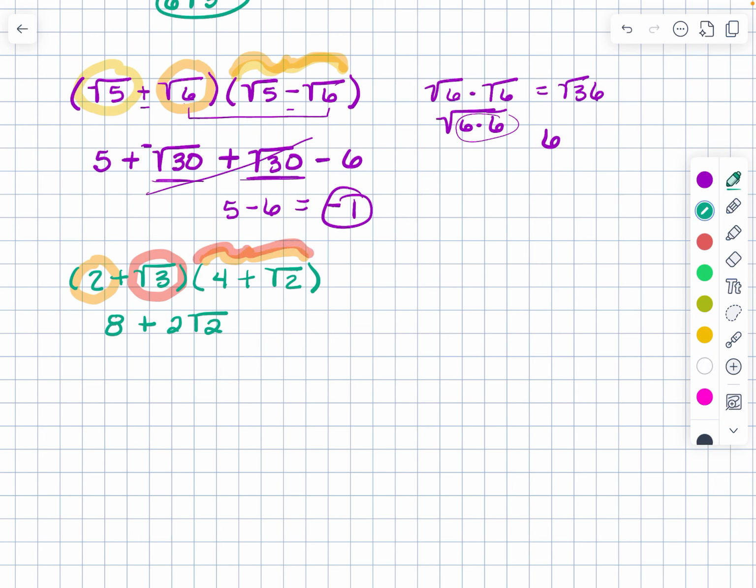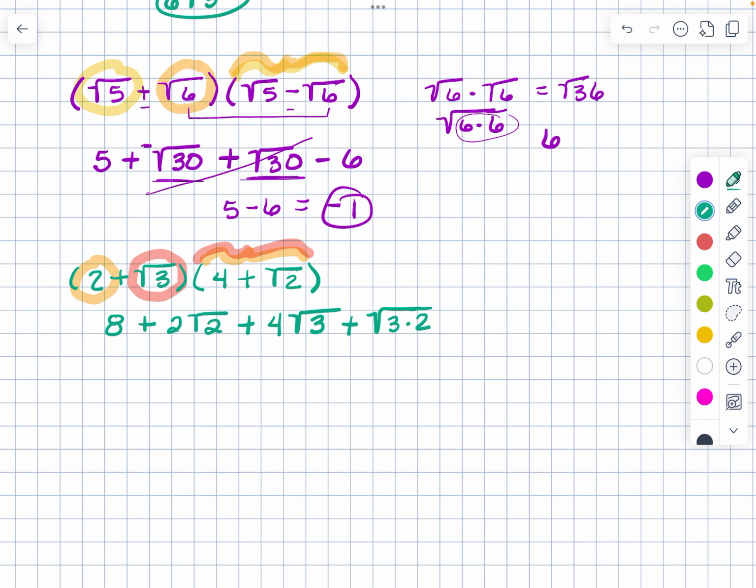So plus, everything is adding here. Square root of 3 times 4. And I'm just going to reverse the way they're listed there. 4 times the square root of 3. And then plus the square root of 3 times the square root of 2 is a square root of 6, and I'll write it out this way so you can see it easier.